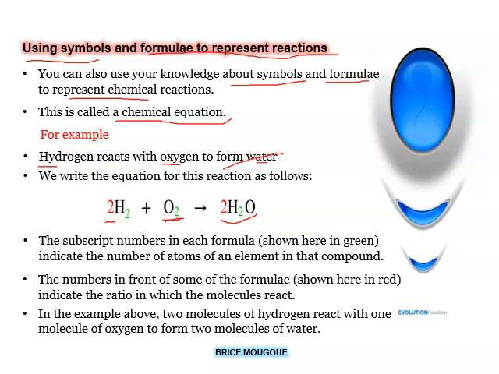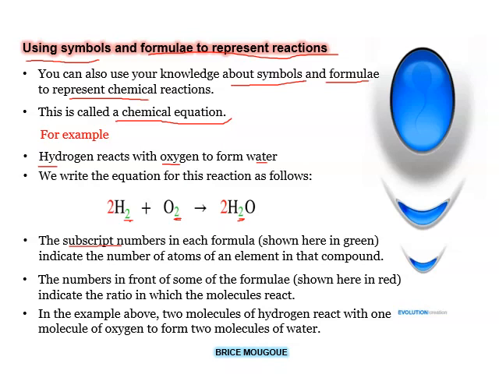If we look at this equation, if you look at the different molecules that are involved there, we will notice there are subscript numbers in each of the formulae. They are represented in green.